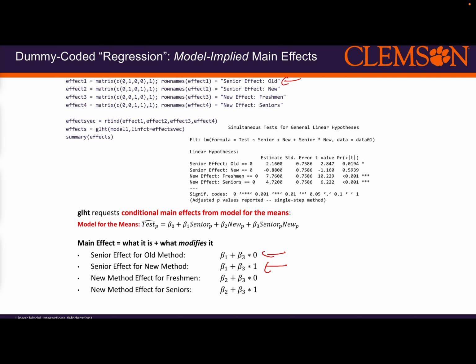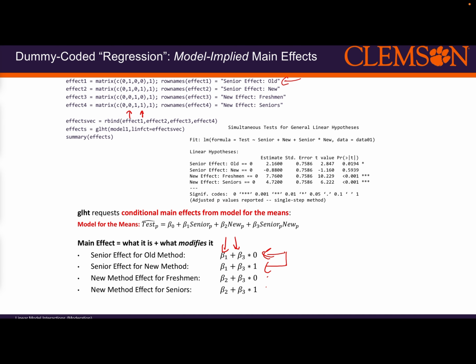That's what this represents here. Right? And these are all coming from these interactions. You can build these terms. Because we're dealing with beta 1 and beta 3, that refers to the second and the fourth spot in the C function in R. And then we can get the difference between the two.